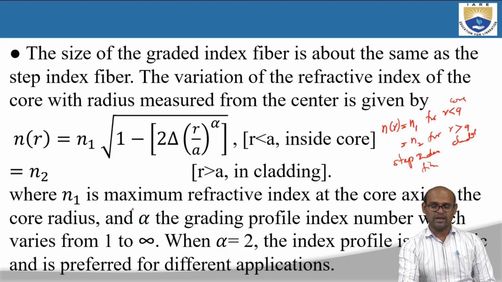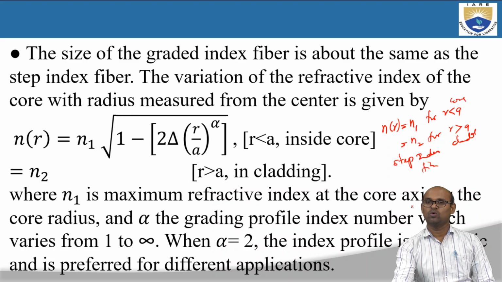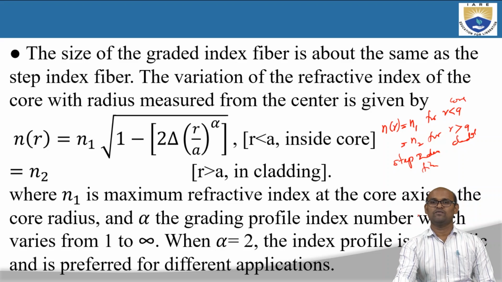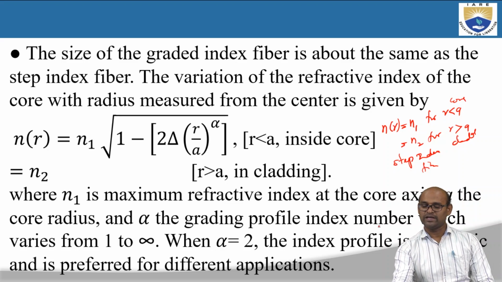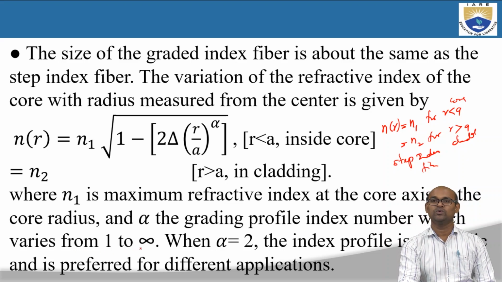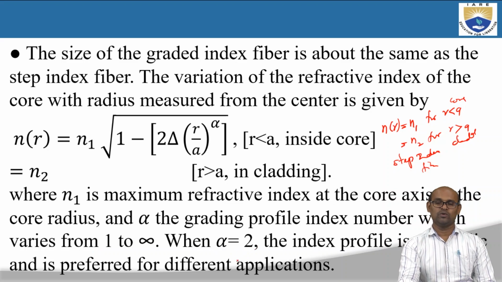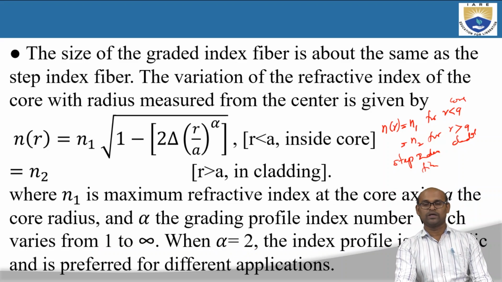Okay, and where n1 is the maximum refractive index of the core axis, and alpha is the grading profile index number. So this alpha is called the profile index number, which varies from 1 to infinity. So you can take this alpha from values ranging from 1 to infinity. When alpha is equal to 2, the index profile is parabolic and is preferred for different applications.